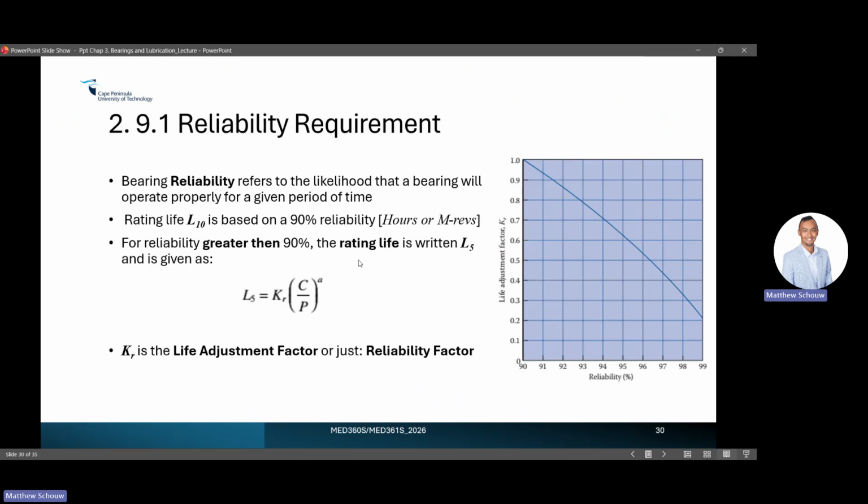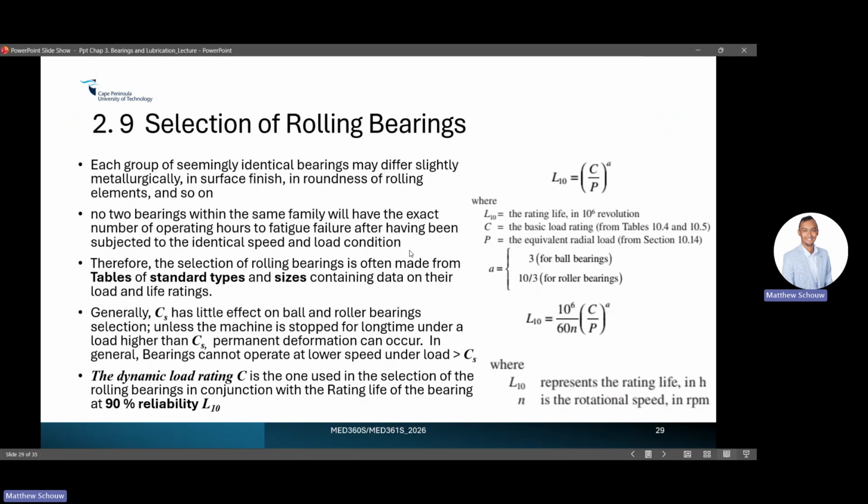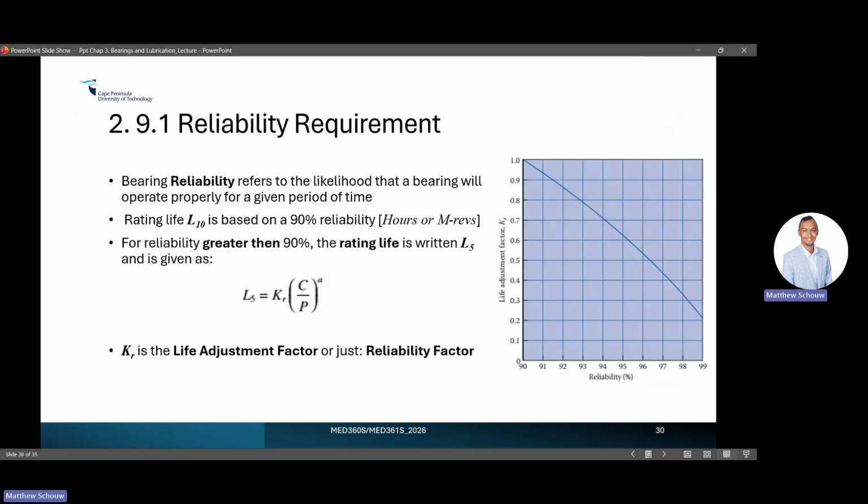That's at 90%, and for reliability greater than 90%, we have to use this formula.